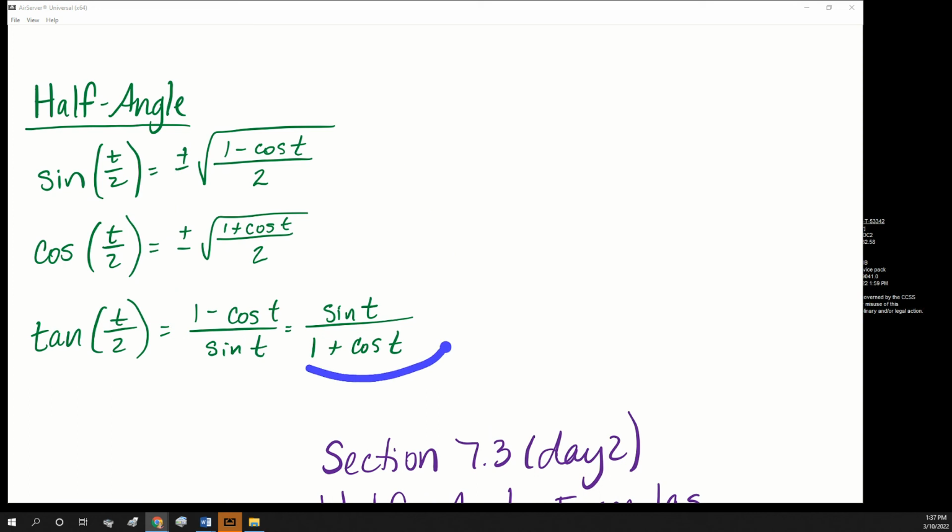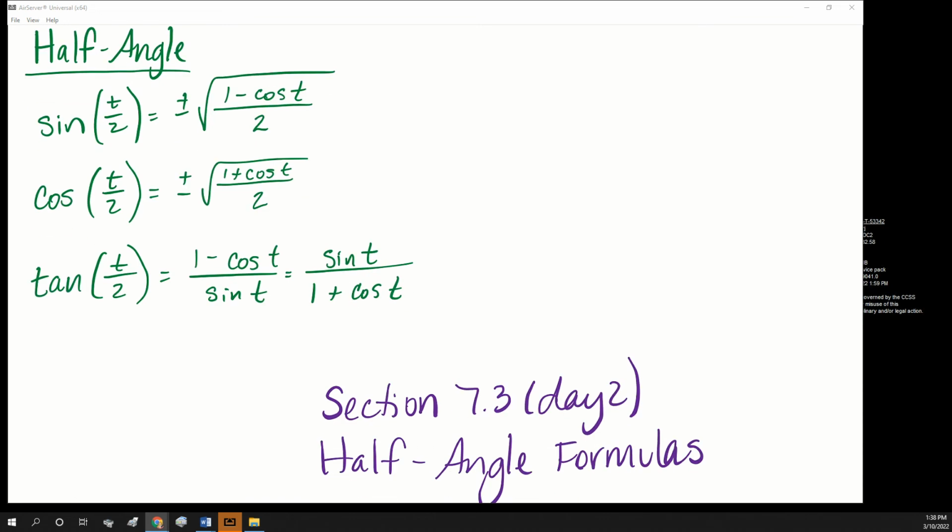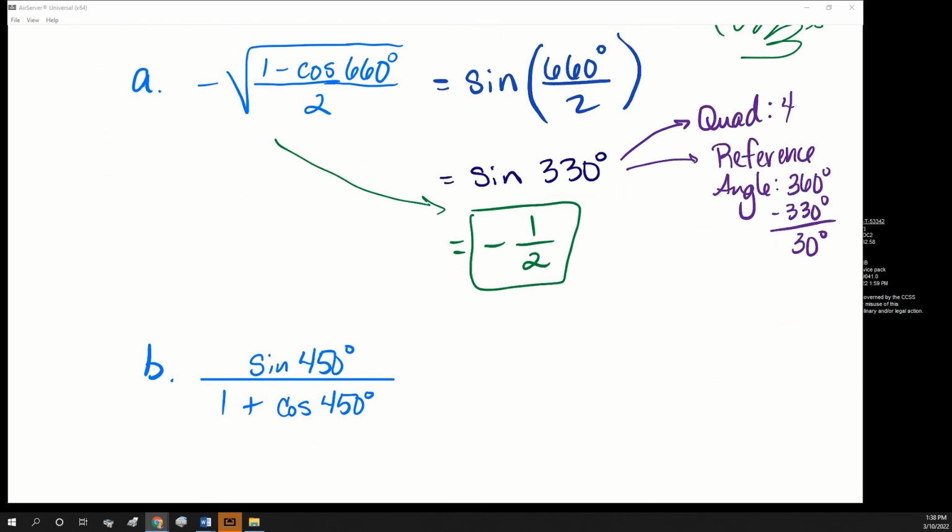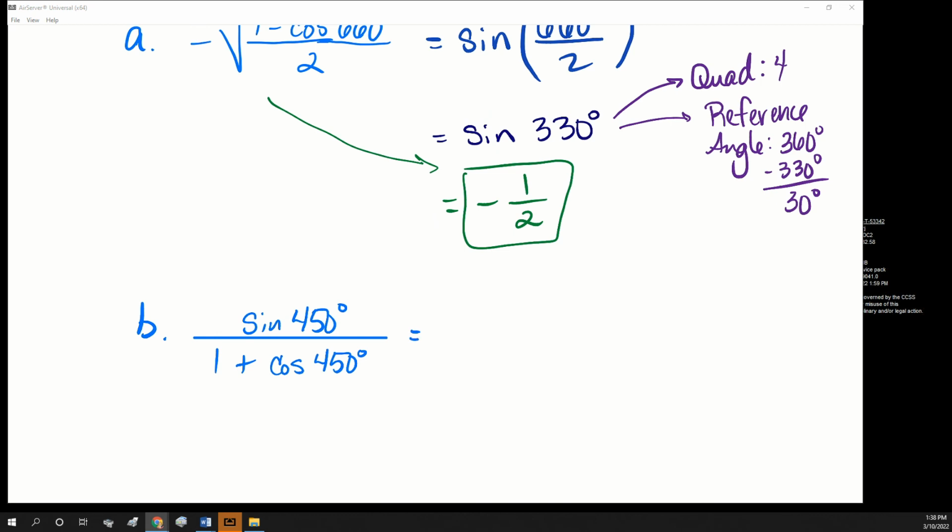And that looks like this one, where t is going to be 450 degrees. So this should be the same as the tangent of half of that. And half of 450 degrees is 225 degrees.